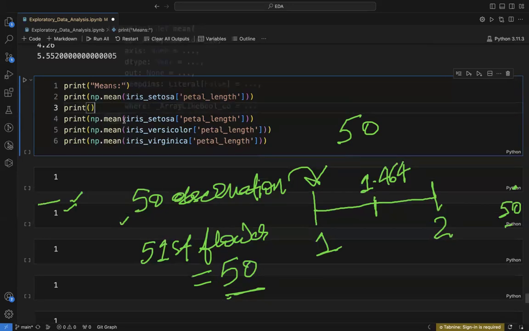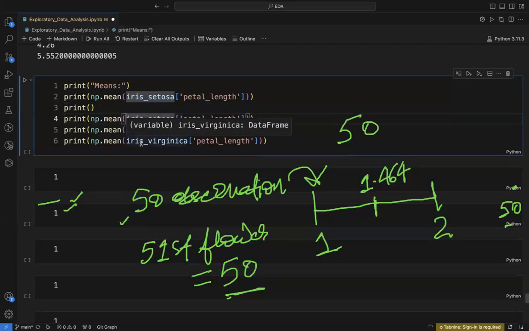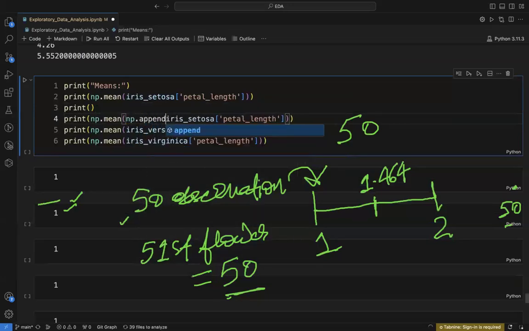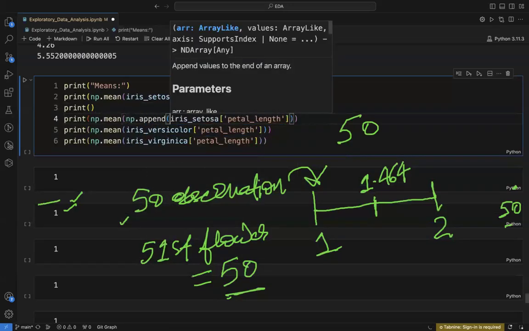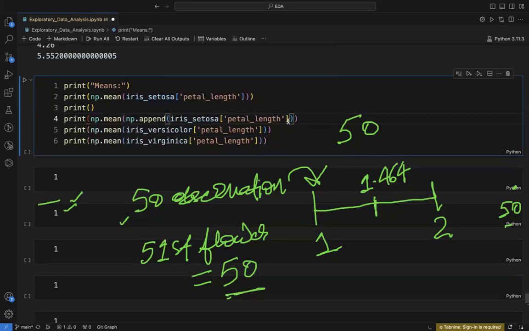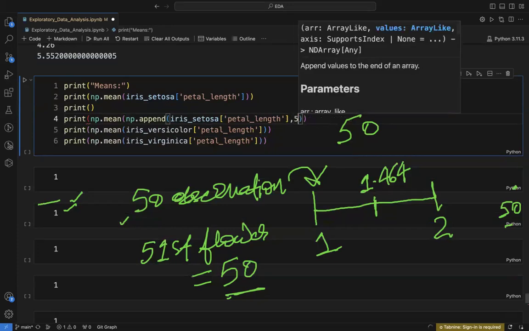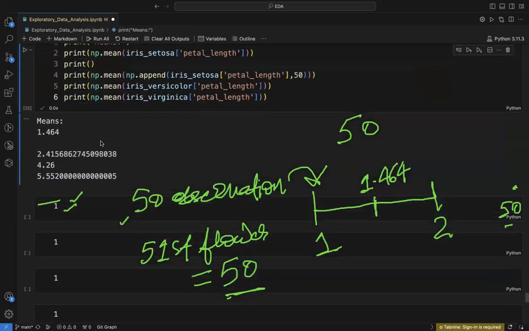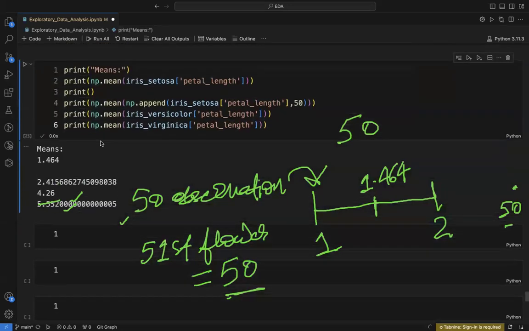How can I do this? np.mean, and inside it I'm appending one more value with np.append, taking iris setosa, and after this let's write 50 here, and then close it. Then I'm saving this entire code, and let's rerun it and see what I'm getting.